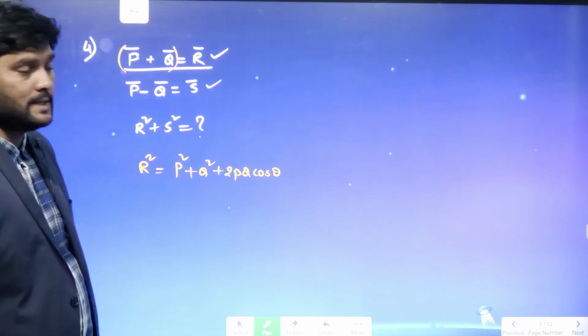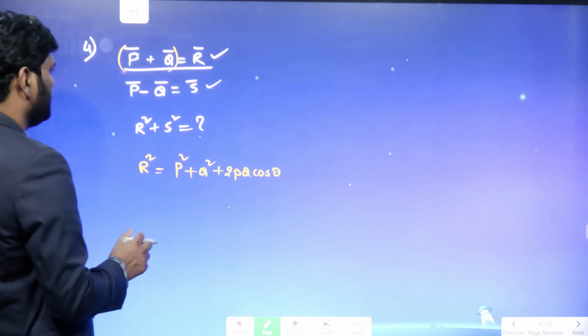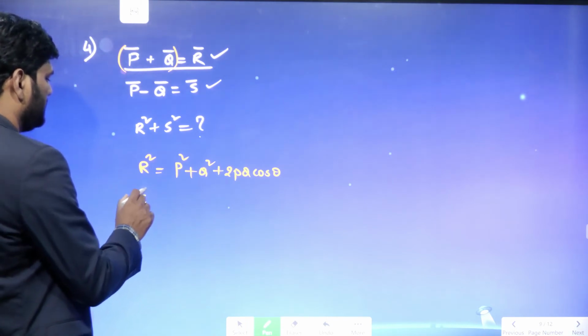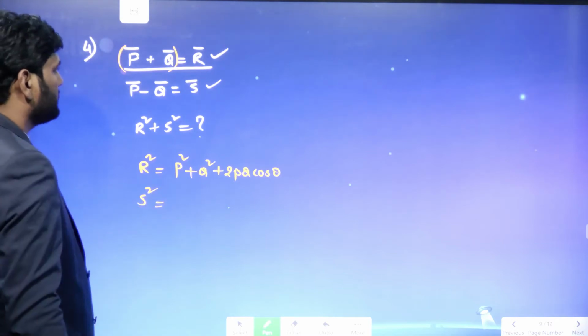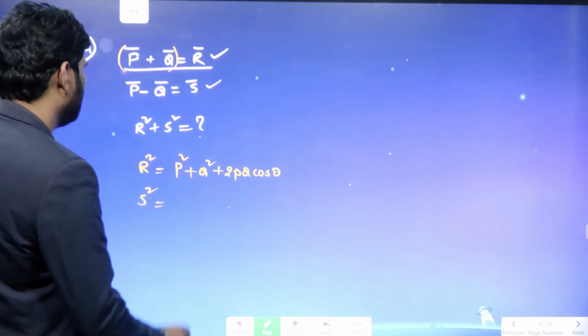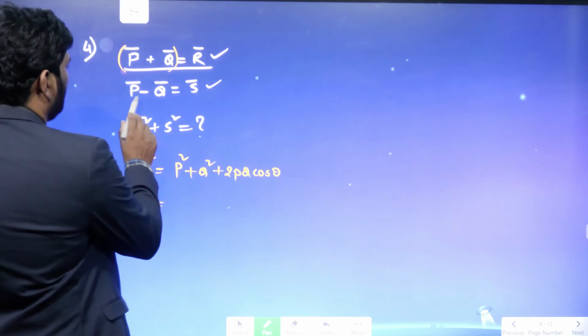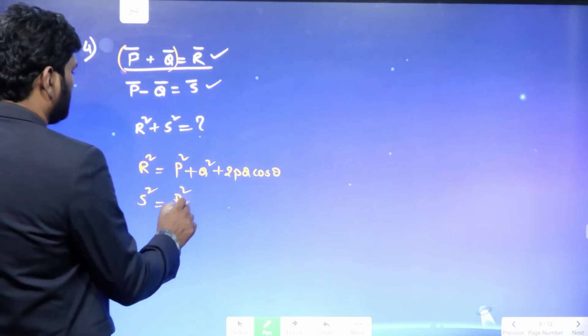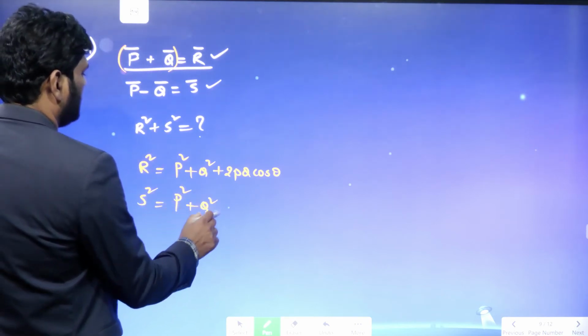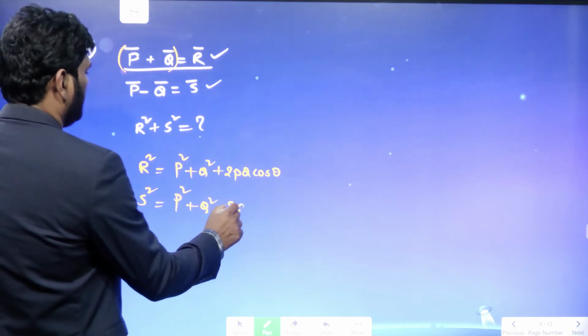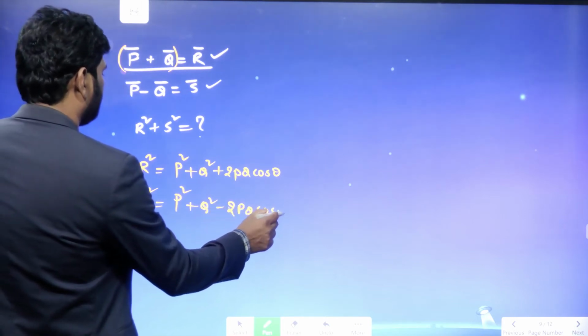Similarly, S square is P square plus Q square minus 2PQ cos theta.